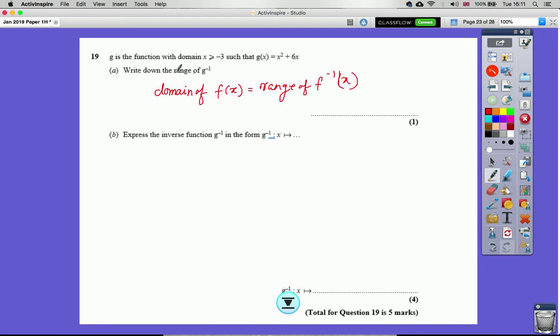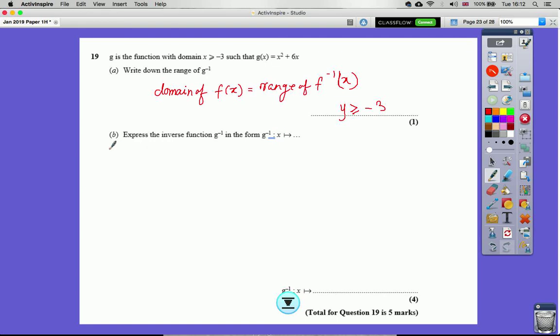So in this case, the range of g inverse is going to be y is greater than or equal to negative 3. Now they are saying express the inverse function g inverse in the form of g inverse x.